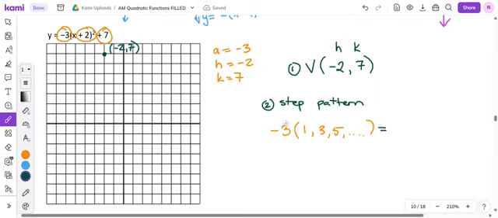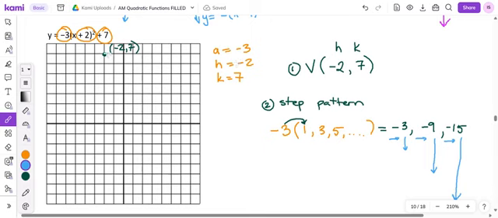So my step pattern becomes -3 times 1, that's -3. -3 times 3 is -9. -3 times 5 is -15. So that means we're going to go 1 across, 3 down, 1 across, 9 down, 1 across, 15 down. Let's see how many we can reach.